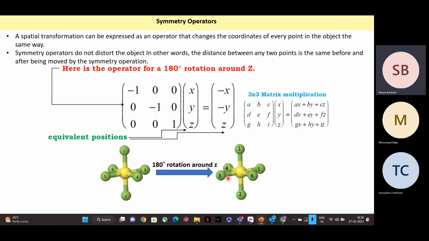So z is unchanged, but the x and y become negative. So this matrix is called a symmetry operator, because if you multiply that with the xyz coordinates, you get the final xyz coordinate after 180-degree rotation. So the different symmetry operations can be described in the form of matrices.